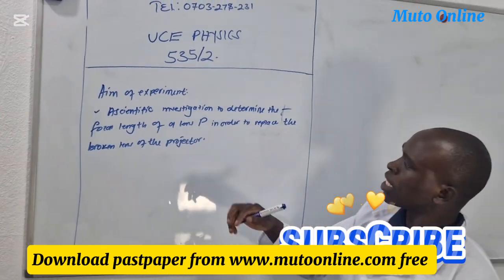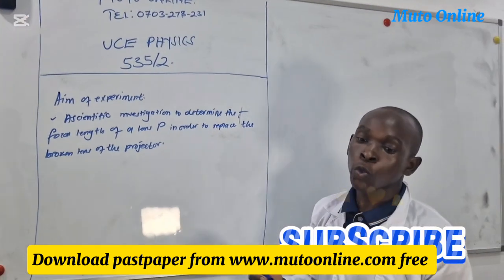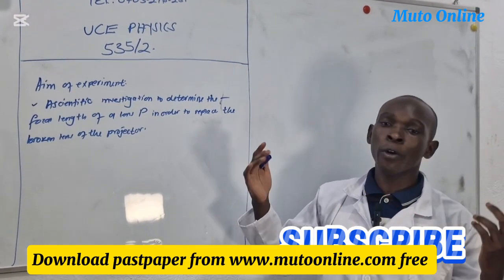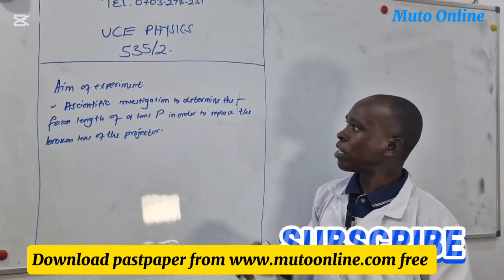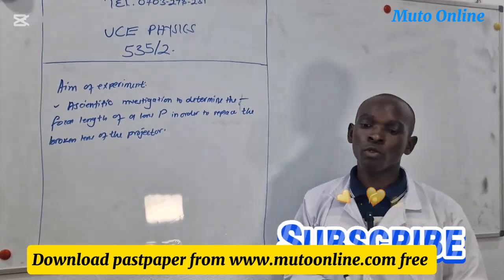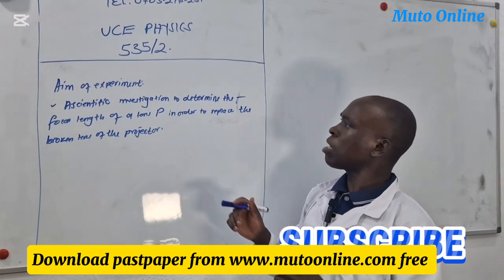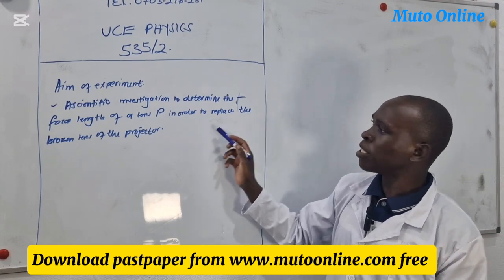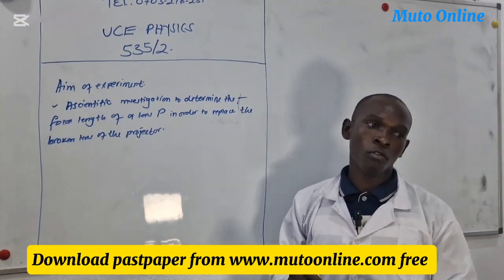When you simply state the aim without a reason, you only score a 1. I'll be sharing on how we score this. When you state the aim of the experiment plus the reason, you have a score of 2. But when you simply state the aim, for example, a scientific investigation to determine the focal length of a lens, and you put a full stop there, you have a score of 1.